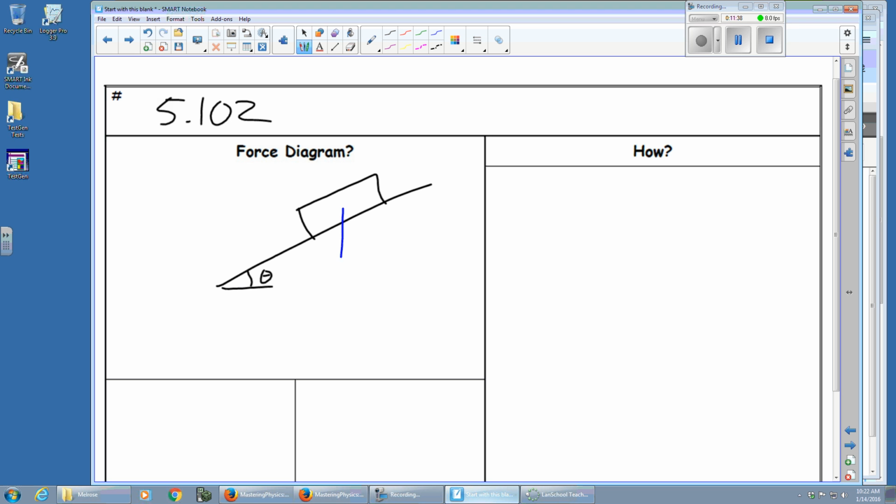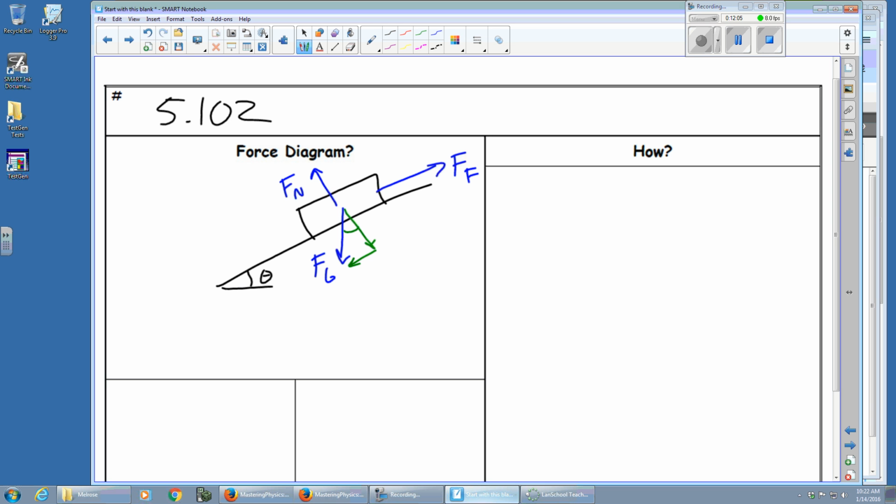So I've got the weight of the block acting down, the normal force, which is perpendicular to the plane, and I have a frictional force, which is parallel to the plane. So my only force that's not parallel or perpendicular, and I have 0 acceleration, of course, is this one.